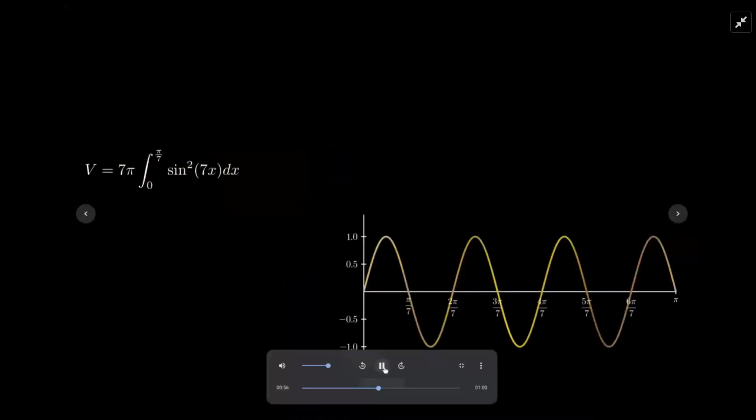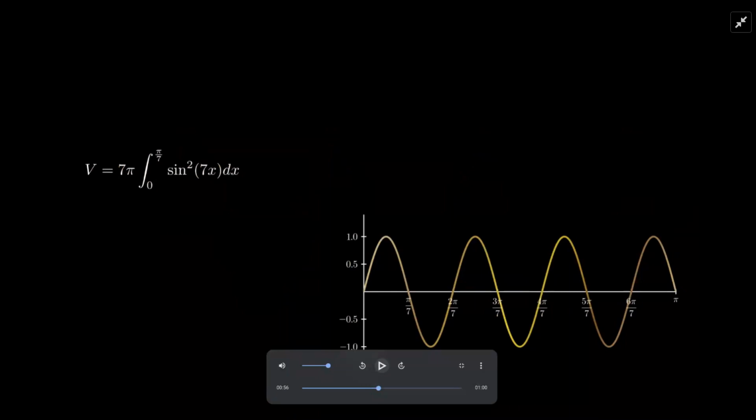Okay, so the total volume is going to be 7 because there's 7 pieces. I pulled the pi outside, and we need to integrate sine squared 7x. Okay, now, to make this easier, there's an identity that comes from the cosine double angle. Now I'm not getting deep into integration here.